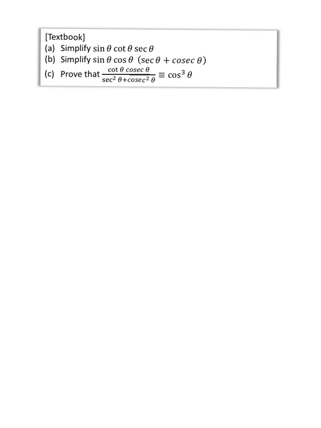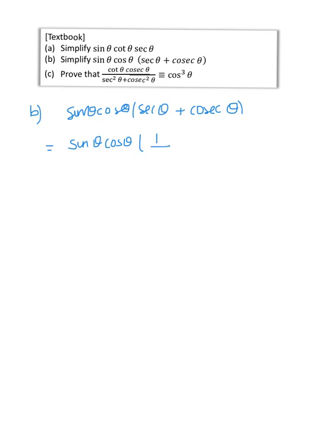In the second example, I've been asked to simplify sine theta cos theta bracket sec theta plus cosec theta. Intuitively I would think, okay, I'm going to rewrite my sec and cosec as reciprocal functions. So that will give me sine theta cos theta, 1 over cos theta plus 1 over sine theta.